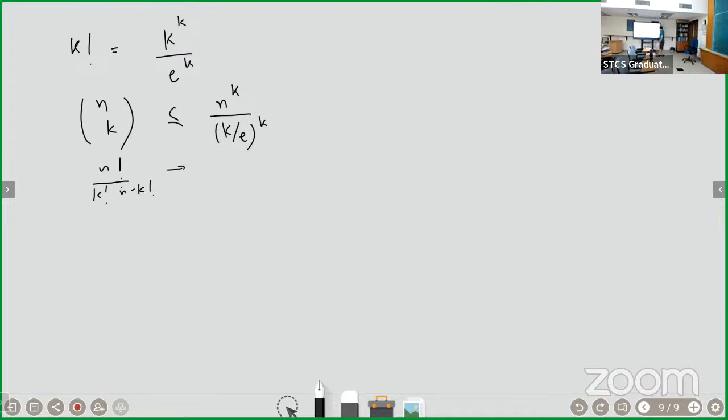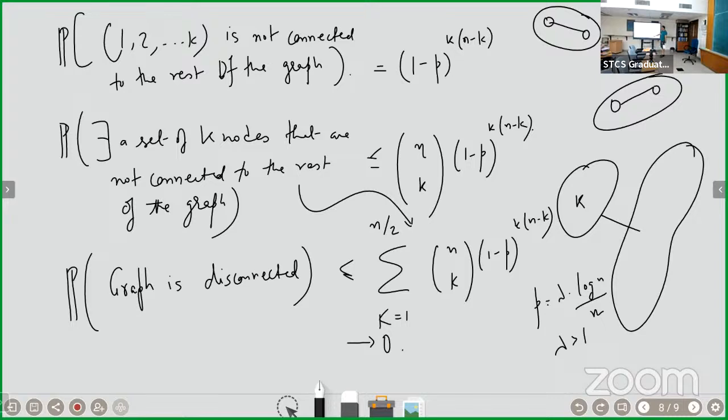Okay, so can you see why that is actually true? That lambda greater than 1 works. What do we get here?